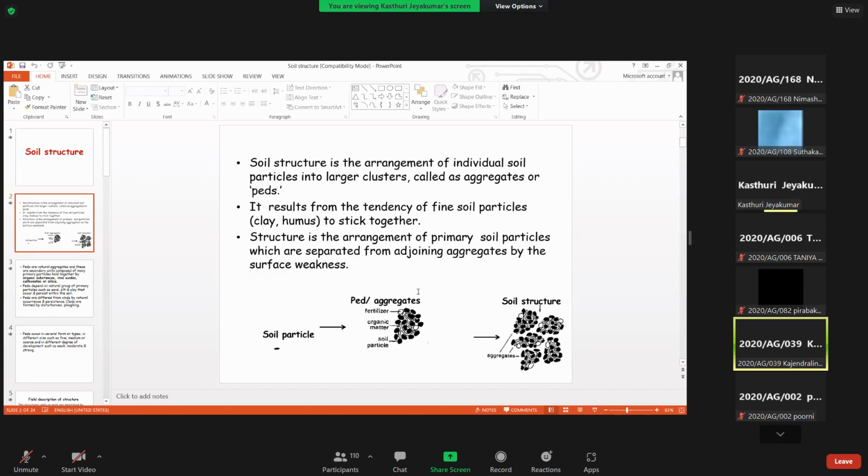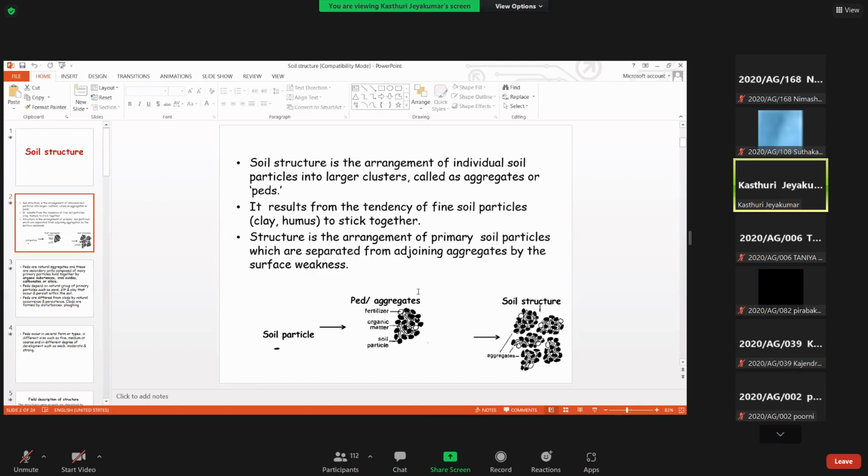Okay. So by seeing the picture, you can easily identify what is soil particle, what is aggregate, and what is structure. The combination of soil particles with binding materials like fertilizer or other organic materials or chemicals is known as aggregates. The similar word is ped. The arrangement of aggregates or peds is called soil structure.